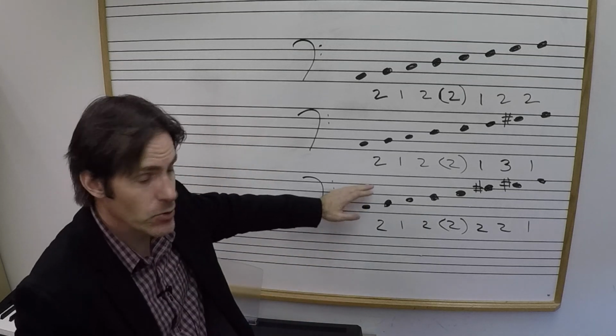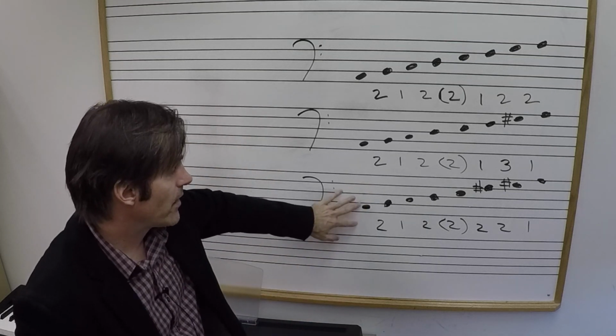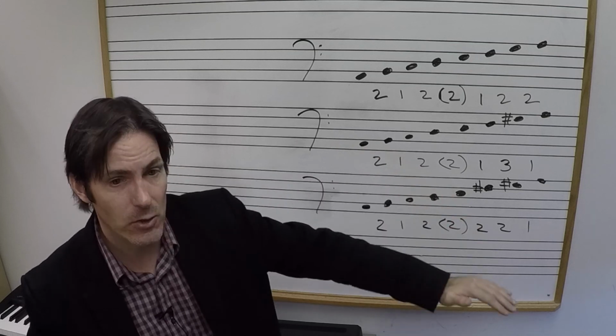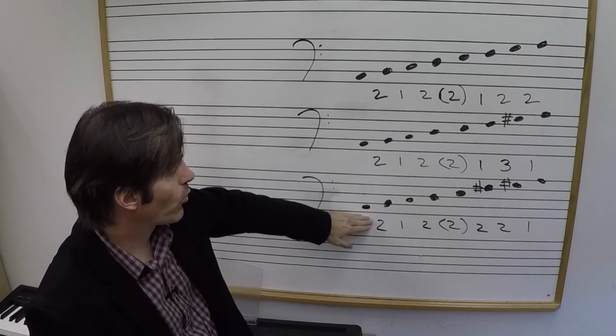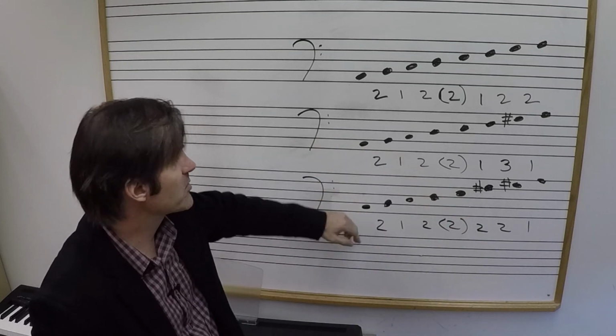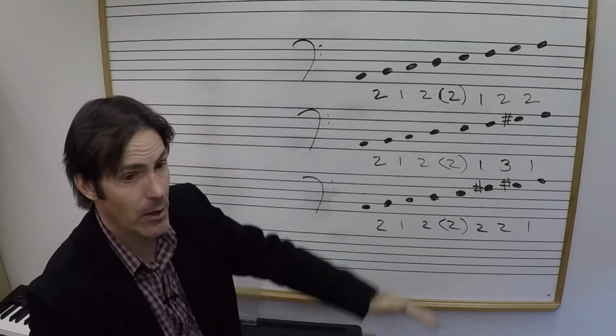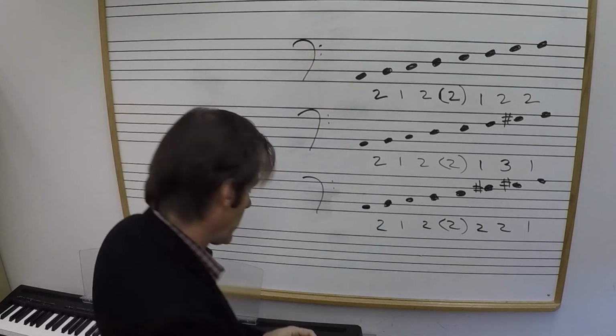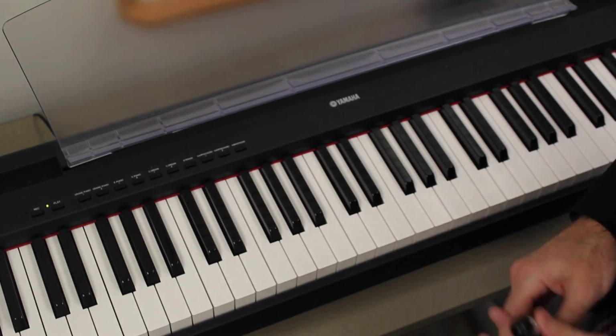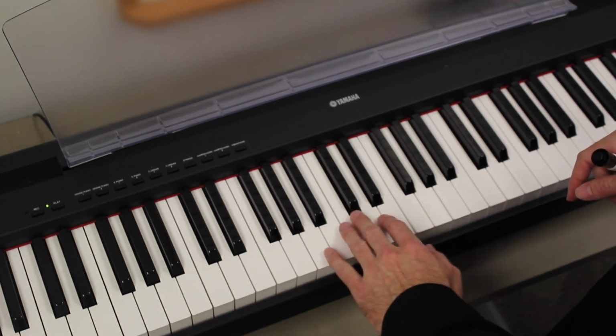Now the one thing that's unique about the melodic minor is that when you write this scale descending, you don't write it the same way. Melodic minor reverts back to natural minor if you're coming down the scale. Okay, so if I play that on the keyboard, I'm going to play going up.